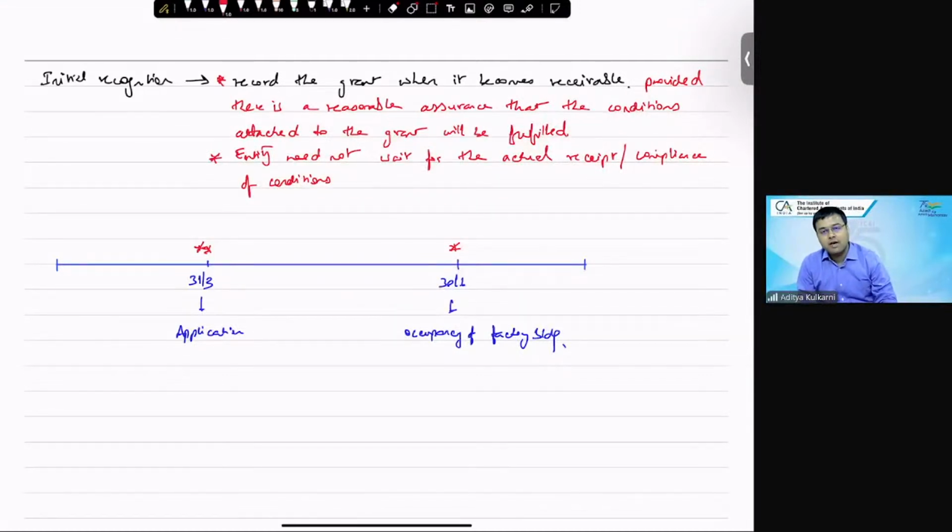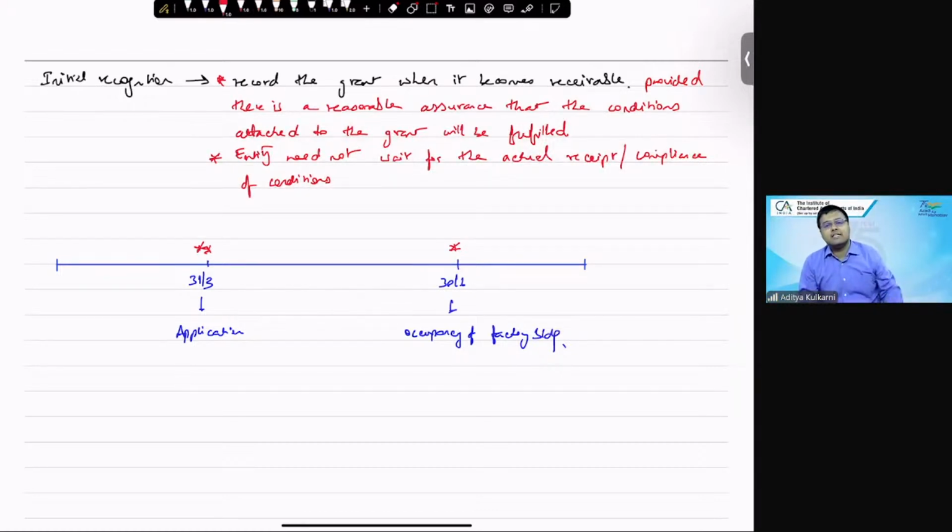On 31st March, if the government grant is receivable, you will have to understand the reasoning behind treating it as receivable and you will also have to go behind and look at the factory, is it actually received or not? Because the standard only tells you can treat it as a change in estimate in the future.